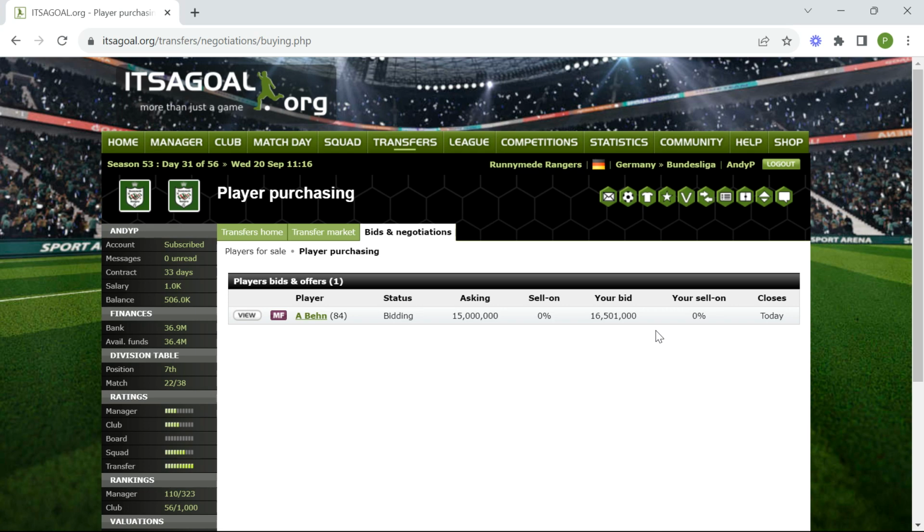And if we go to your finances, then that gives you your overall figure, how much you've got to spend. So in your bank, you've got 36.9 million at the moment, and available funds to spend is 36.4. So I could not bid more than 36.4 for this player. Cool.